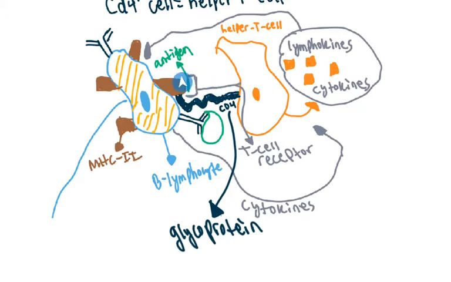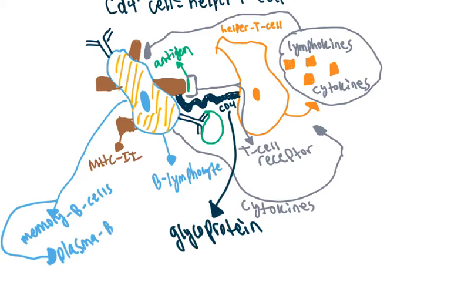If it does, the CD4 will bind with the MHC2, then lymphokines and cytokines will be released, and these will trigger the B lymphocyte to start proliferating into memory B cells and plasma B cells, right? So memory B cells and plasma B cells.